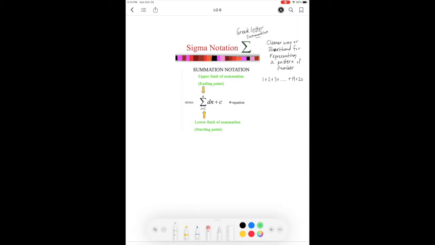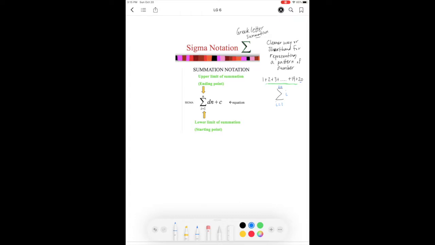To clean this up in business, we use the summation. The summation is a sort of Greek letter here, and then we have a couple parts to it. We have where we want to start, and I'm going to use i as the index, and I put 1 there. And where we end at, 20, and now the formula right here is i.